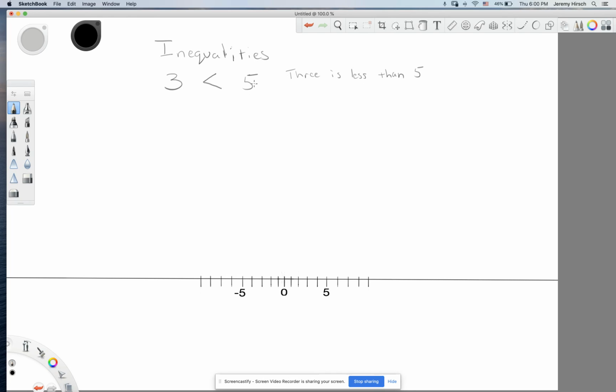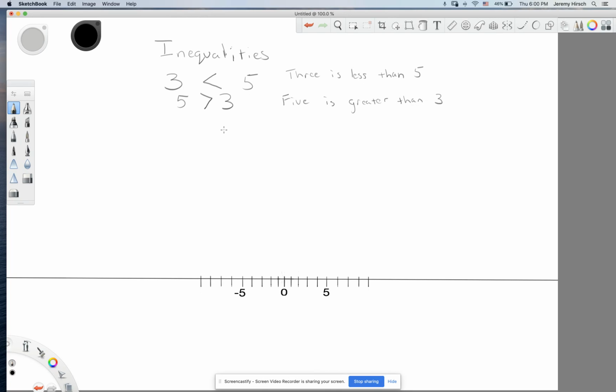It also means that you could say 5 is greater than 3, but you could write that like this. 5 is greater than 3.